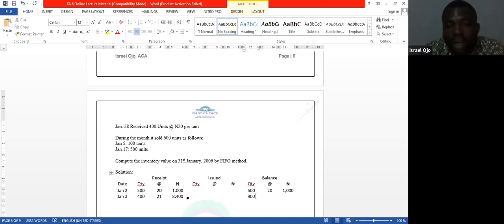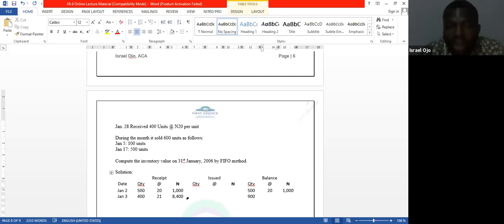Now the first time we went to market, we purchased it at 20 naira. But the second time we went to market, we purchased it at 21 naira. Because this is FIFO, we need to know the price of the first one, because it's that same price that we use to issue it out.